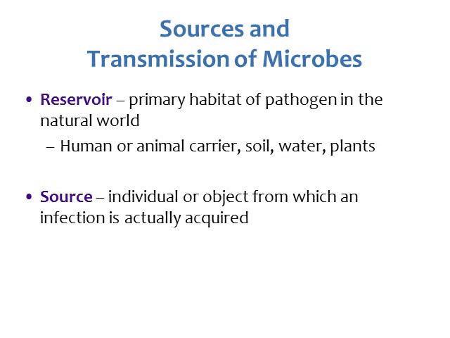And then this reservoir could also be a source, but the source of your infection is the individual object from which your infection is actually acquired. So if someone goes out and touches some soil that has a pathogen in it, and then they touch another person, the reservoir is the soil, but the source of the infection is actually the person that's passing it on to other people.